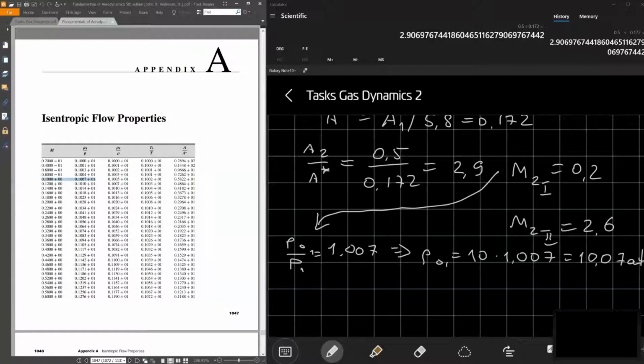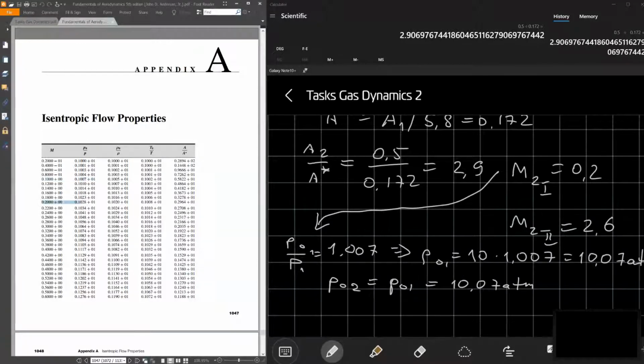We have this stagnation pressure, and we know that flow is isentropic inside the nozzle, so P02 would be equal to P01. And this value we already know, 10.07 atm. Now I go to the already found Mach number.